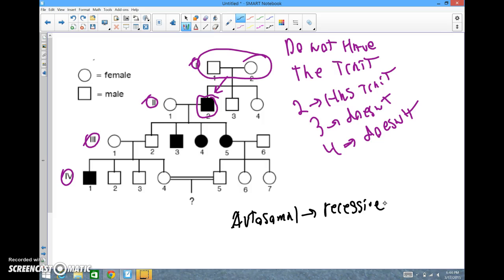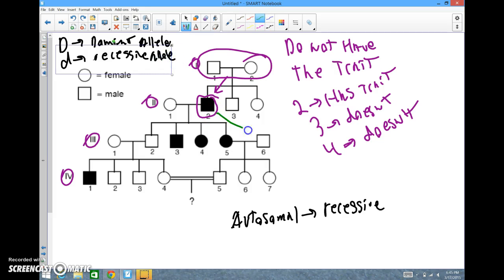Well, let's think about these parents. Let's assume that I want to use the letter D as the dominant allele, and I want to use lowercase for the recessive allele. Okay? That means that number 2 here has to be little d, correct?